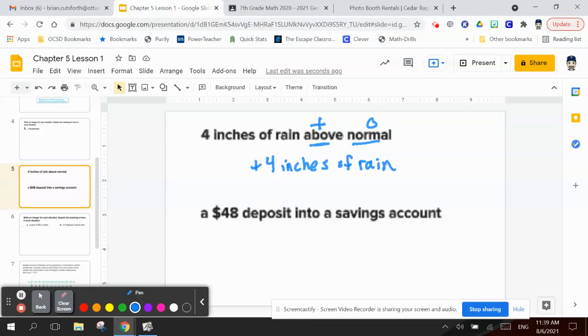The second one says a $48 deposit into the savings account. A deposit means that that's a positive thing. You're putting money into your account, so your account gets larger. So this would be a plus $48 deposit.